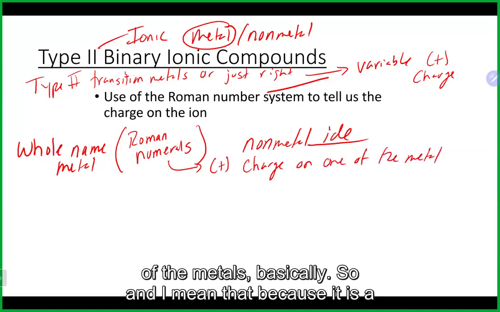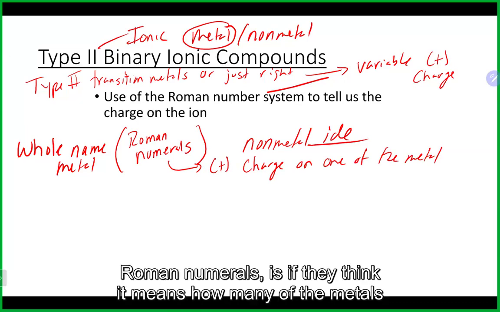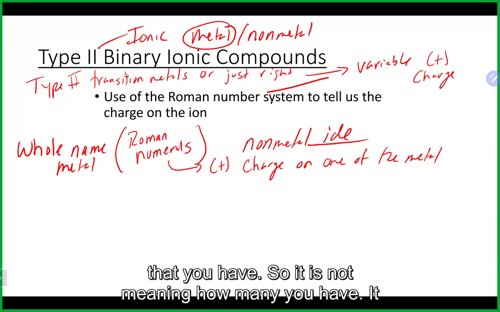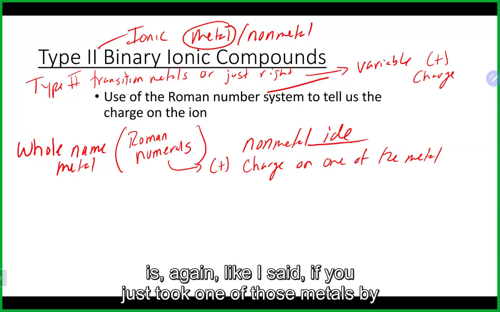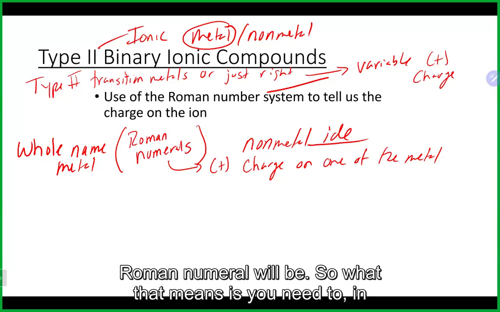I mean that because it is a very common mistake that people make when they go to use the Roman numerals, is if they think it means how many of the metals that you have. So it is not meaning how many you have. It is, again, like I said, if you just took one of those metals by itself, whatever the positive charge is on it is what the Roman numeral will be.